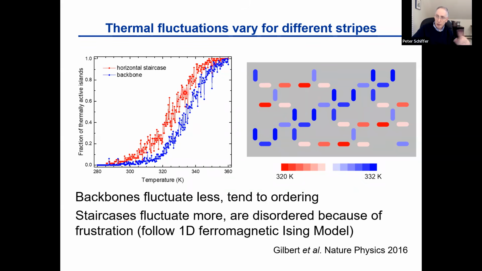So there's sort of more degrees of freedom, higher degeneracy. The backbones freeze out at a higher temperature, and so they go into a low temperature state where they end up freezing out, they're more stable.